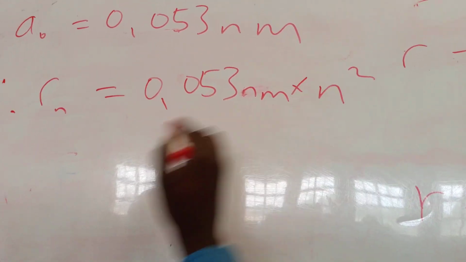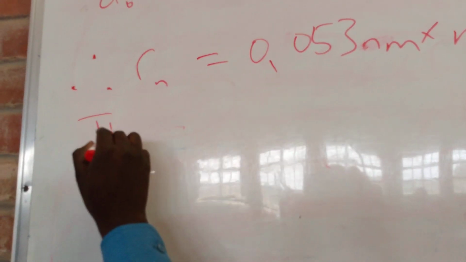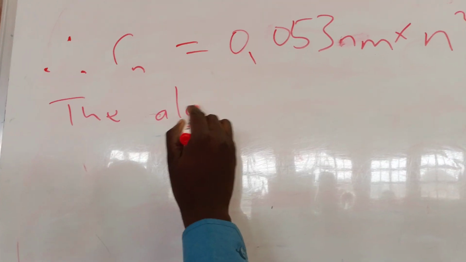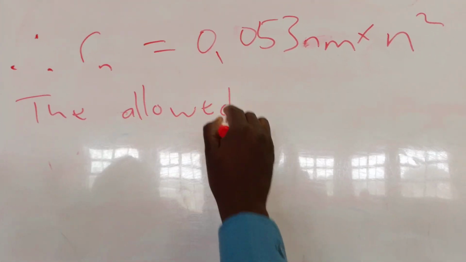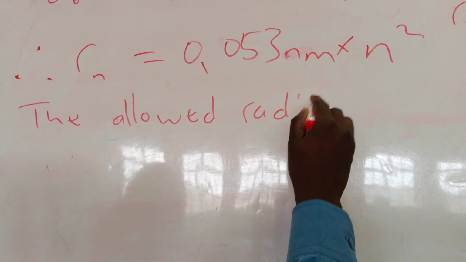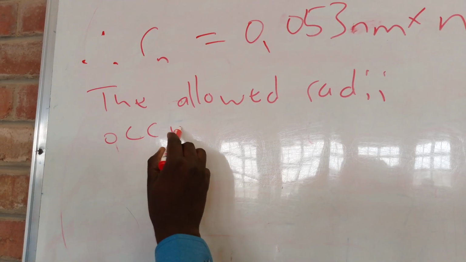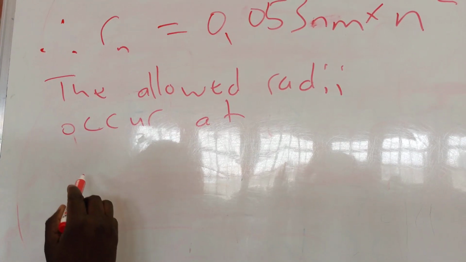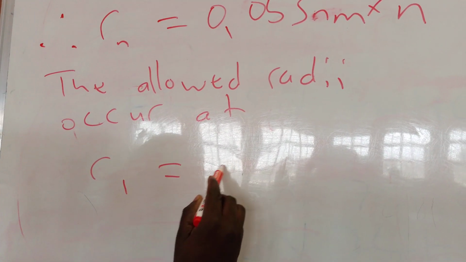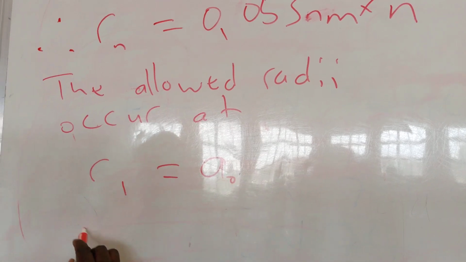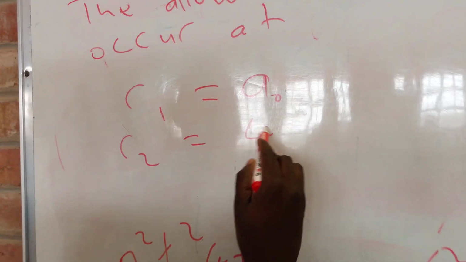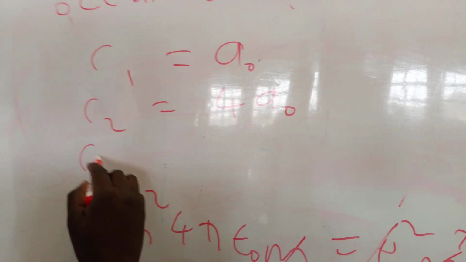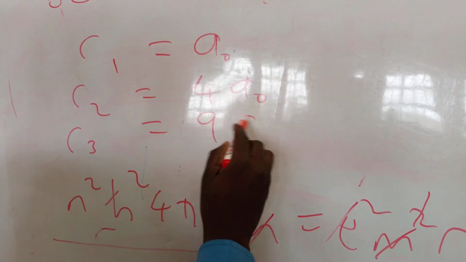times n squared. So the allowed radii occur at R1 is equal to a naught, R2 is equal to 4 a naught, R3 is equal to 9 a naught.